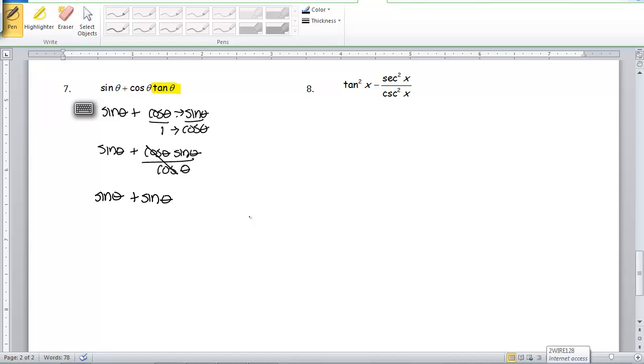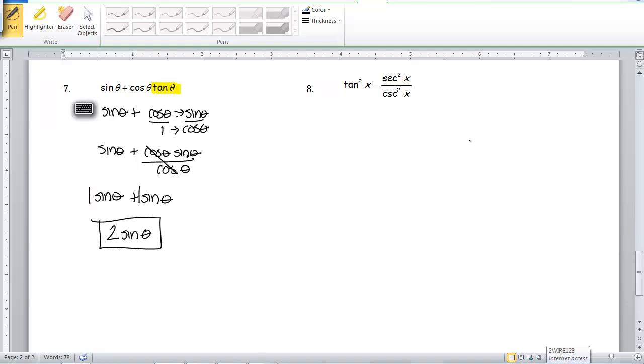Here I'm essentially just combining like terms, and so 1 sine plus 1 sine is 2 sine theta. Again, you have one term, so you know you're done.